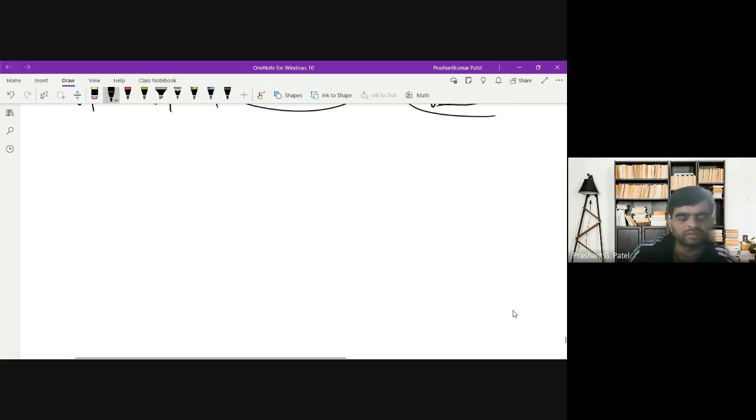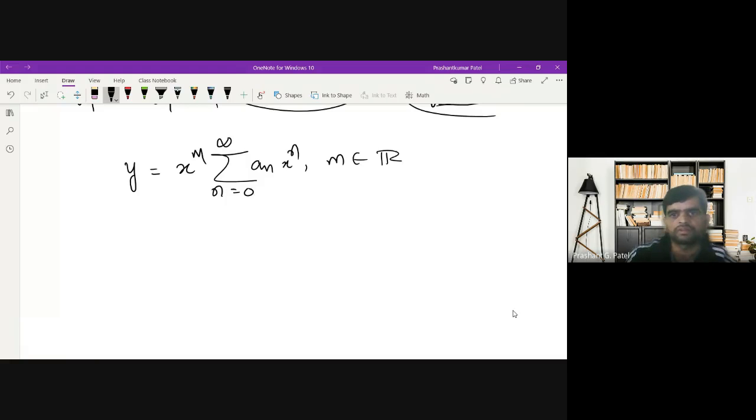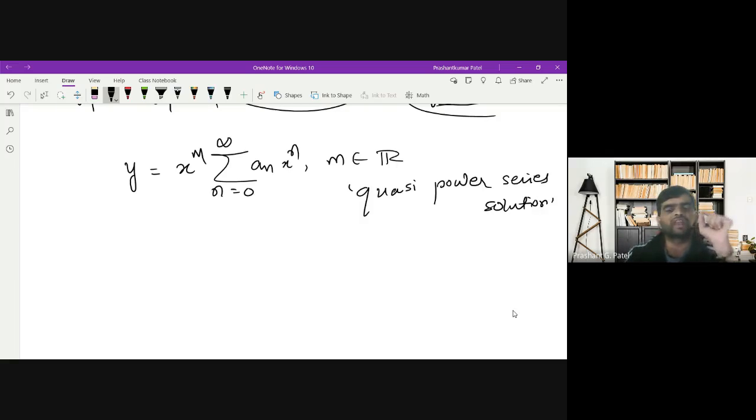The Frobenius series solution is y equal to x to the power m, summation n running from 0 to infinity a_n x raised to n, where m belongs to R. This is known as the quasi power series solution of a differential equation which has x equal to 0 as a regular singular point, also known as the Frobenius series.